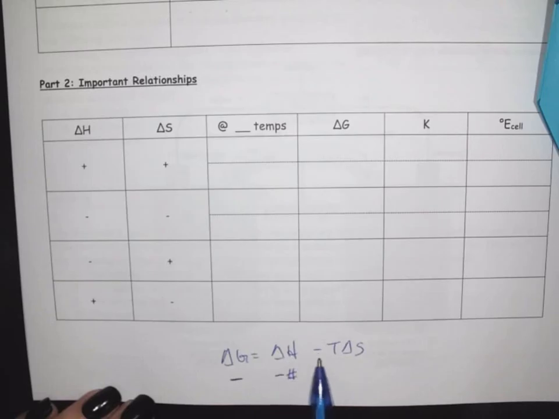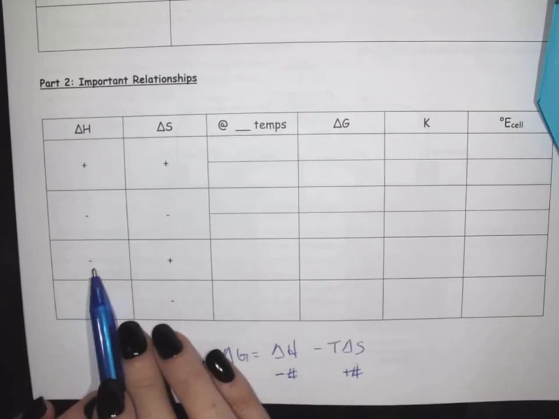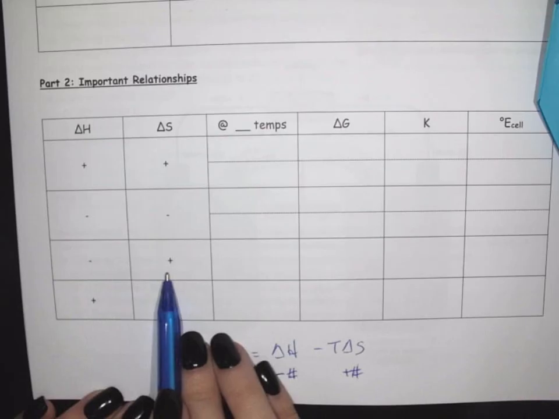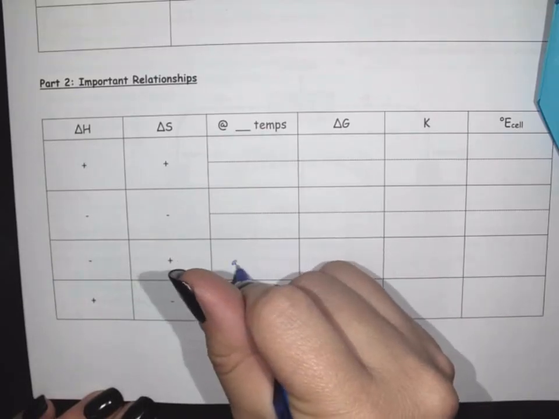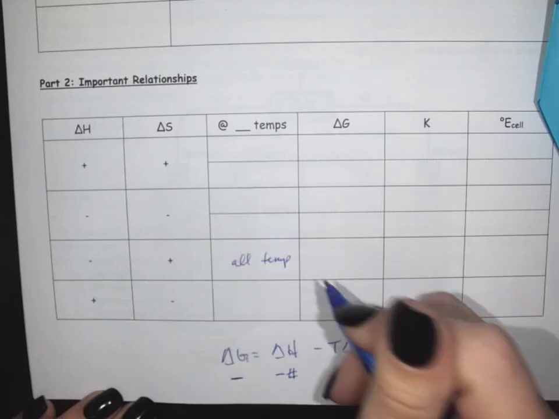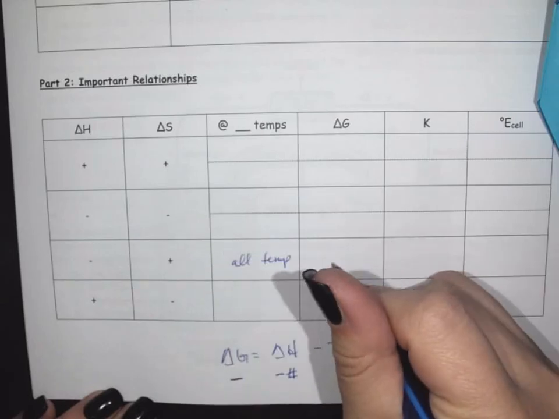And then notice we have this minus sign, and if you subtract from a positive number, then that would cause this to be negative. So the best case scenario is when delta H is negative and delta S is positive. Then at all temperatures, delta G will be negative.